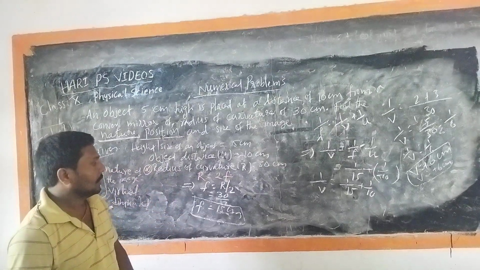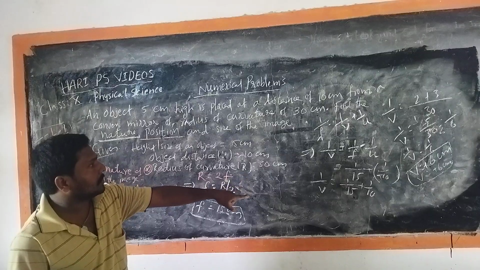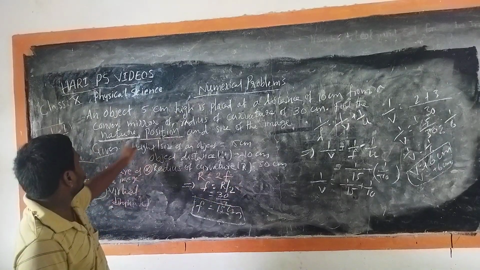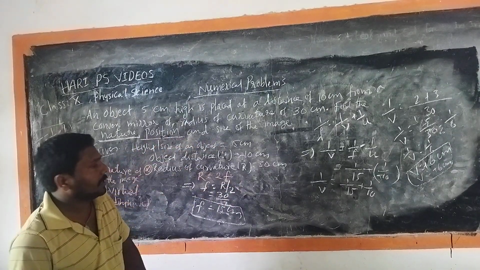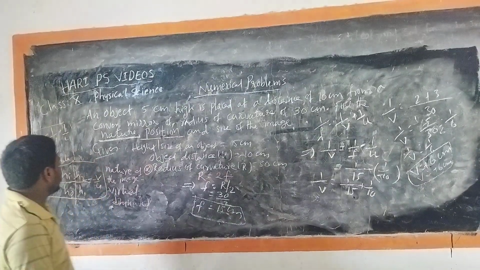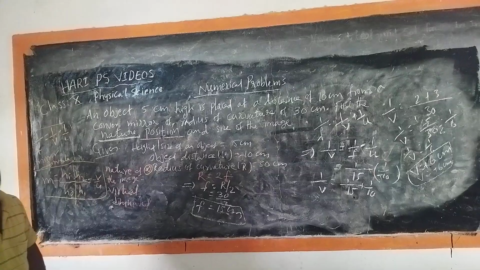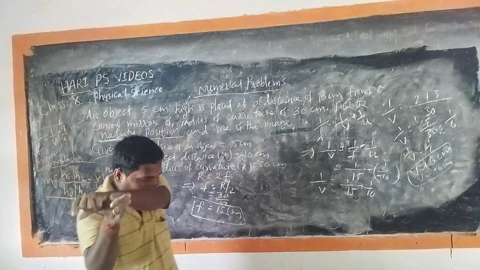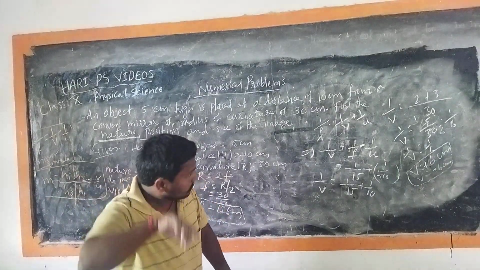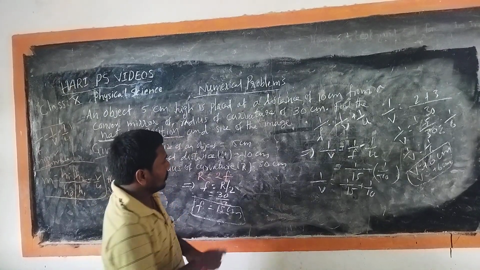So now we know the object distance and image distance, and it is easy to calculate the size of the image. The size of the image is nothing but the magnification. So let us calculate where the image is formed.